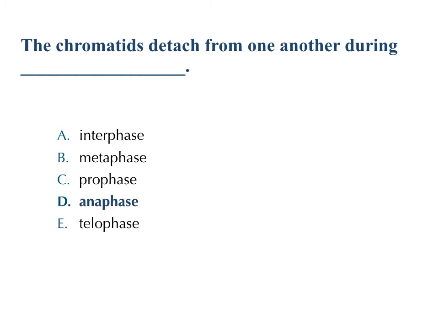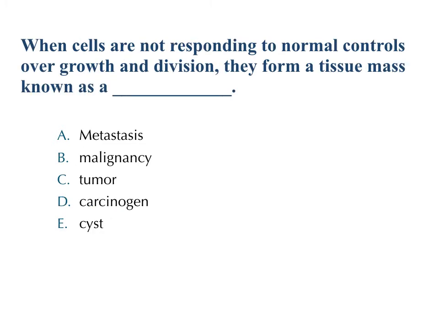That would be anaphase. That's when they get pulled to the opposite poles. When cells are not responding to normal controls over growth and cell division, they form a tissue mass known as a what? This would be a tumor. Tumors are solid tissue masses. Metastases are spread through the lymphatics or the blood vessels.